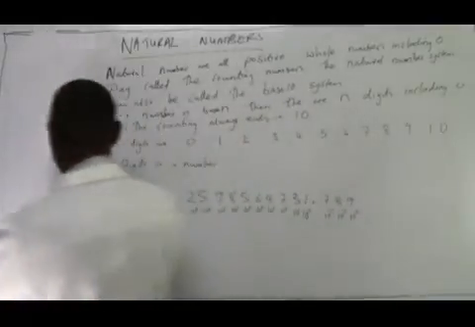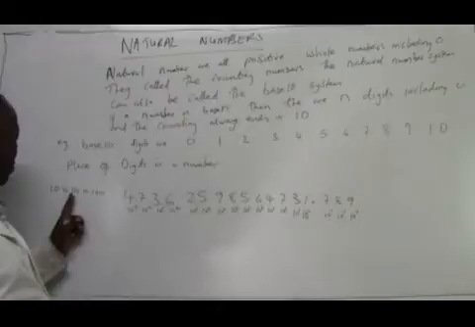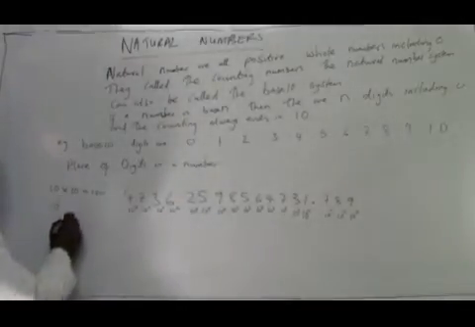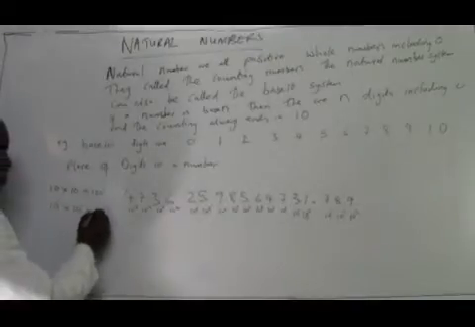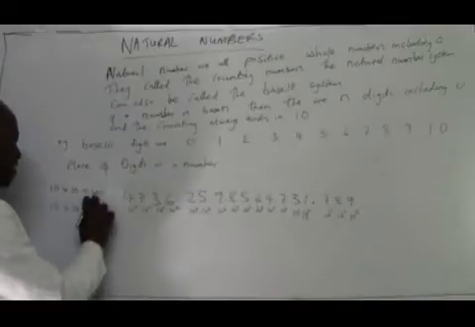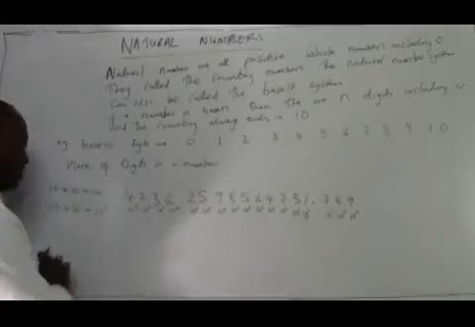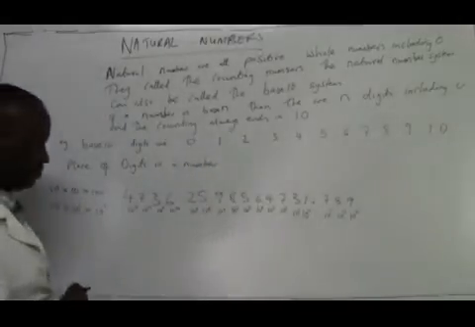So 10 to the power of 1 times 10 to the power of 1 will give us 10 to the power of 2. We have added the powers, and the 2 represents the number of zeros. So 10 to the power of 2 represents 100, and 10 to the power of 1 represents 10.